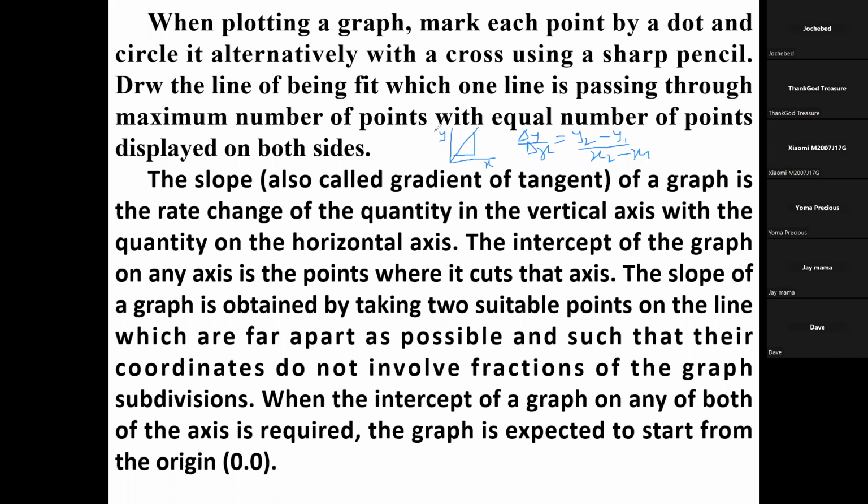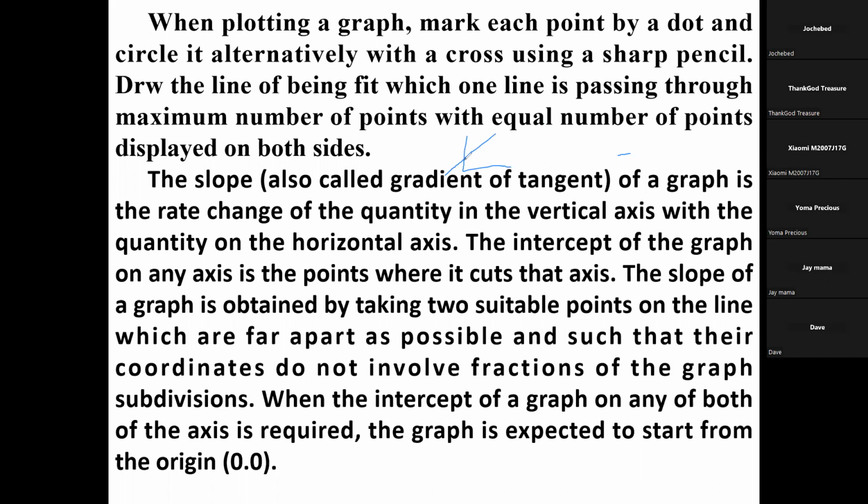Another thing we should take note of is our intercept. The intercept we are basically finding in physics practical is the y-intercept. The y-intercept is the point where the straight line cuts across the y-axis. Let's say this is our graph.